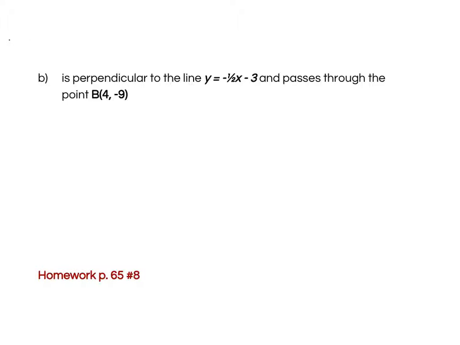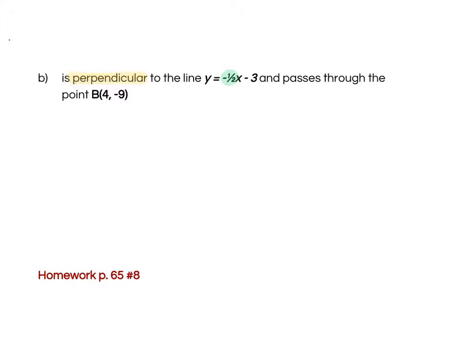So in this second example, I'm finding a line that is not parallel to, but is perpendicular to the line in question. And so then I have a little bit more work to do because I need to discover what the slope is. So if the slope of my original line is -1/2, then I know the slope of my new line has to be the negative reciprocal.